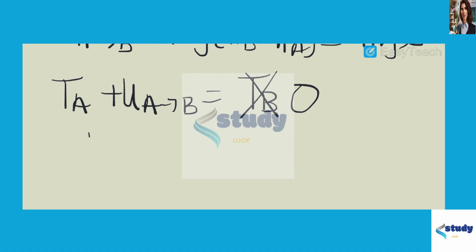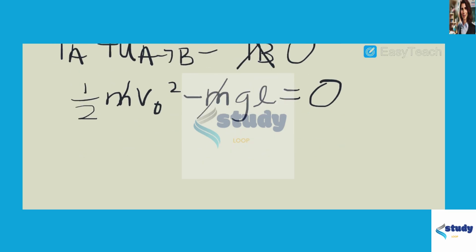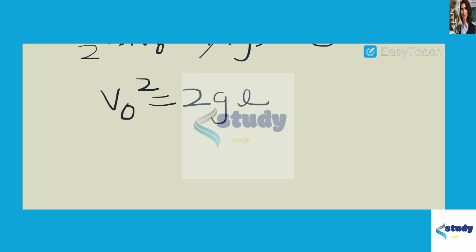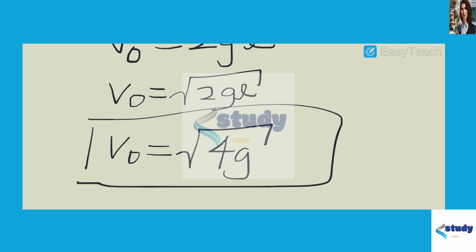So therefore we have 1/2 m v0 squared minus mgL is equal to 0. The m's cancel out, and we can solve directly for v0 squared, which is equal to 2gL. So v0 is going to be the square root of 2gL, and we can plug in for L, which gives us a v0 of square root of 4g. And that is our final answer.